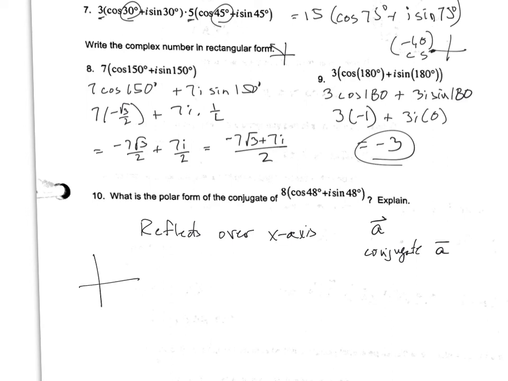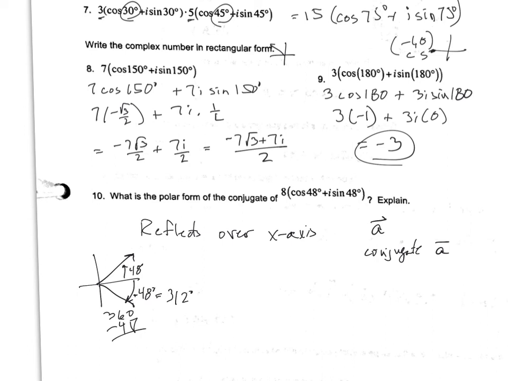It's a lowercase letter, no little arrowhead or half arrowhead on it. That's the symbol for conjugate. So if we think about reflecting this over the x-axis, right now we're at 48 degrees. That's how you draw 48 degrees in standard position. And we want to reflect it over the x-axis, so we want to be 48 degrees down. That is essentially -48, but we don't want to write it as a negative angle, so you have to do 360 minus 48. This is 312 degrees. That part matters.